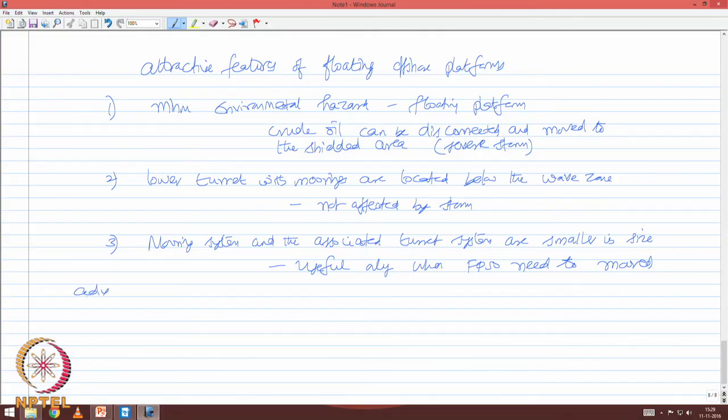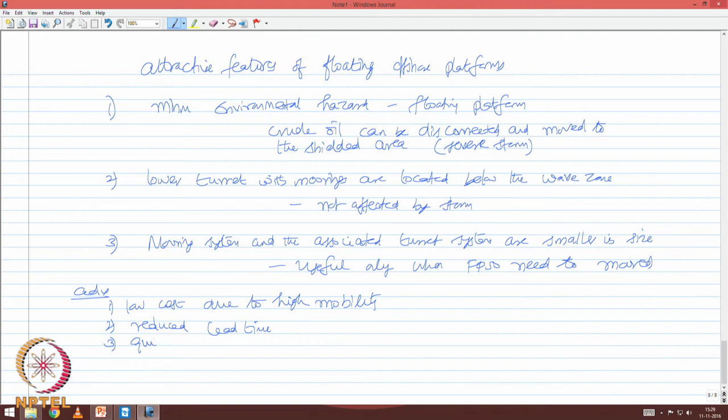There are many advantages we have under floating platforms: very low cost due to high mobility, and they have a very reduced lead time. FPSOs can be hired and they can be used at different locations.